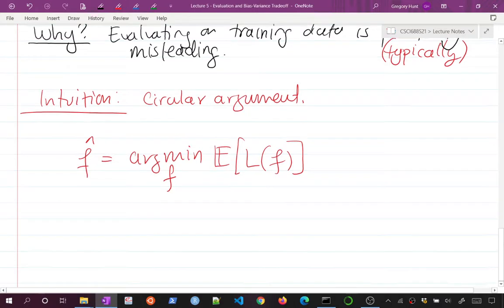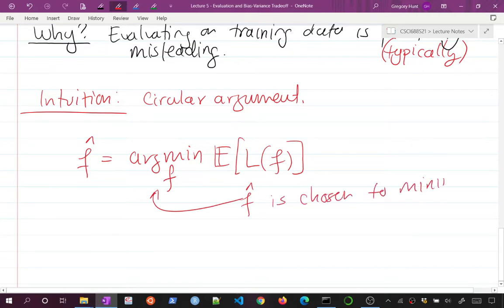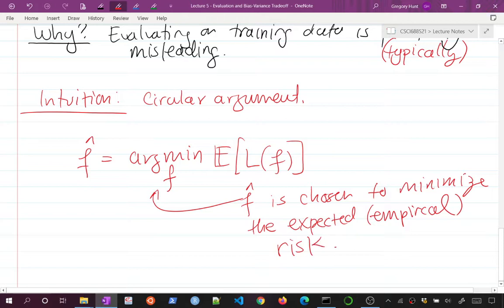Basically, my f hat is chosen to minimize the expected, or in reality, the empirical risk.